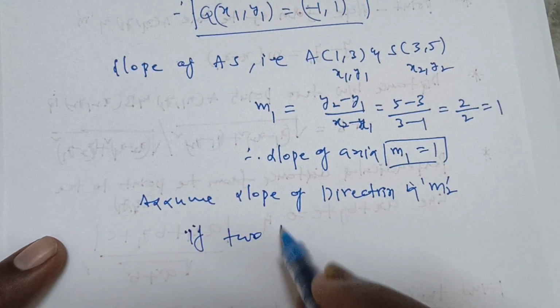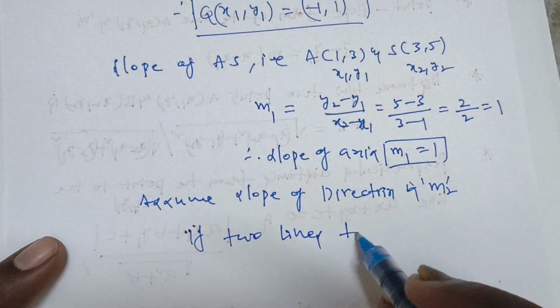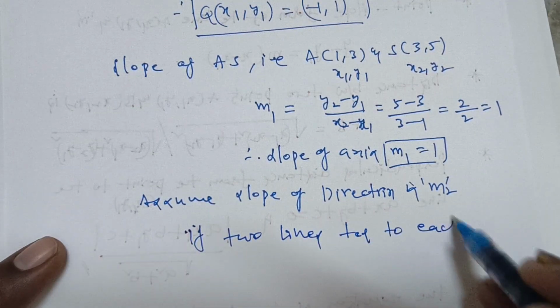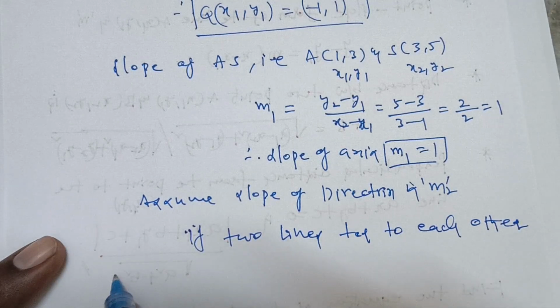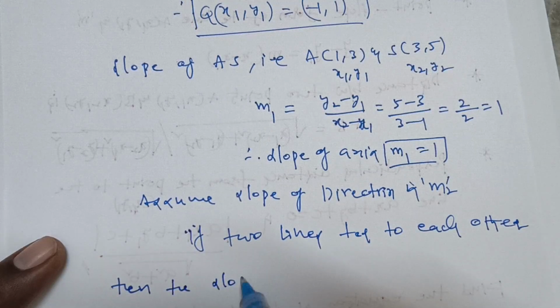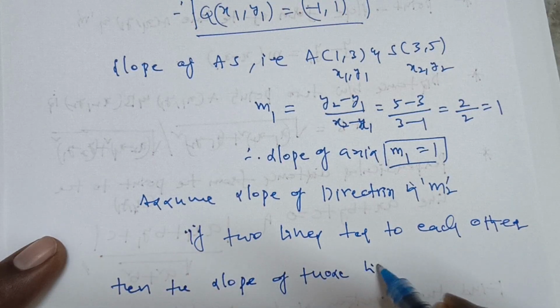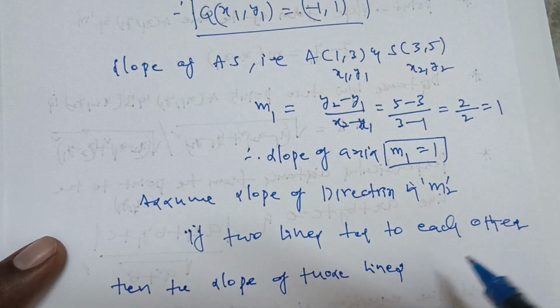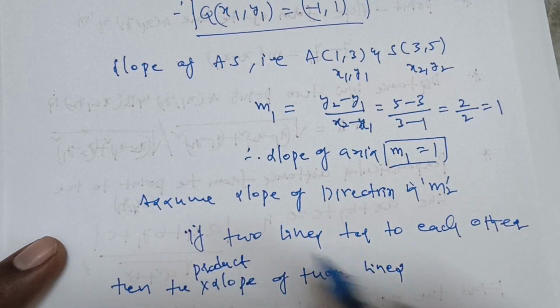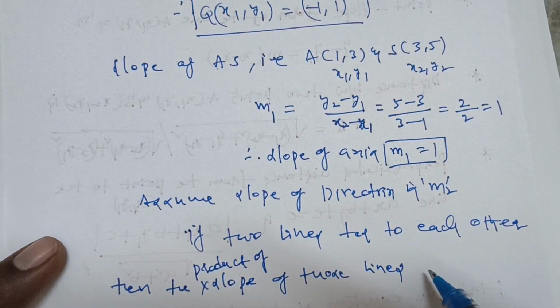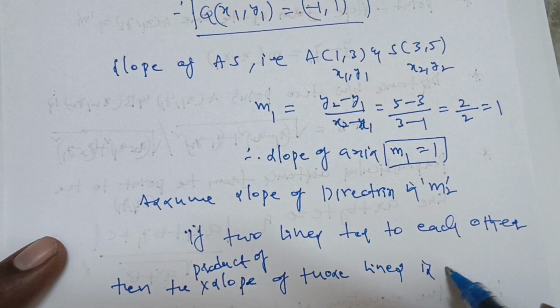If two lines are perpendicular to each other, we know that the product of the slopes of those two lines is minus 1.